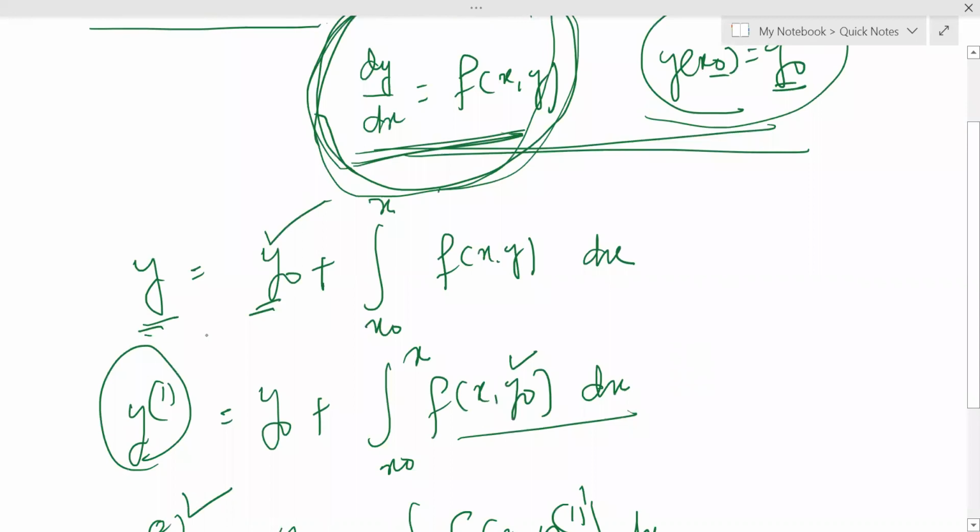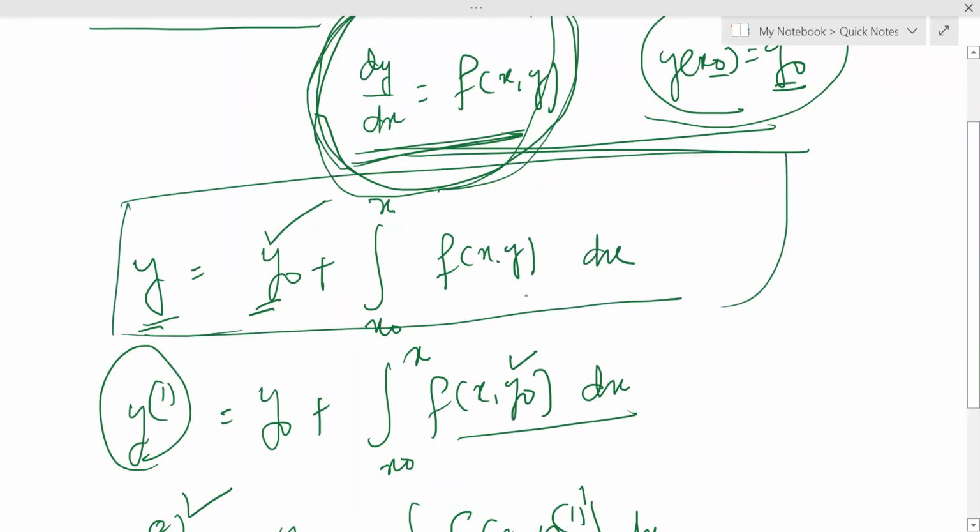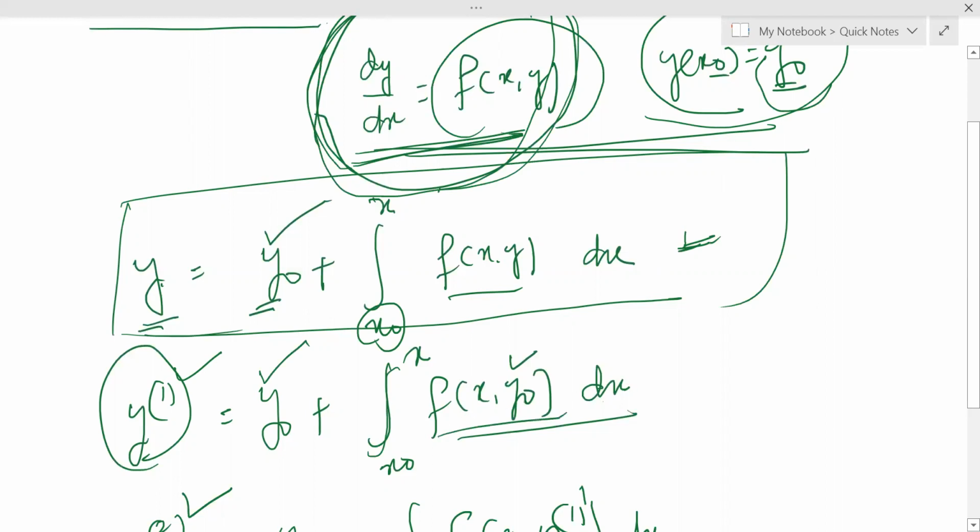First, you can evaluate the y value by using this formula: y is equal to y0 plus integration of x0 to x of the given f of x, y. This is the first solution. In the first iteration we apply the initial condition, the integration stays fixed, then integrate f of x comma y0 dx.